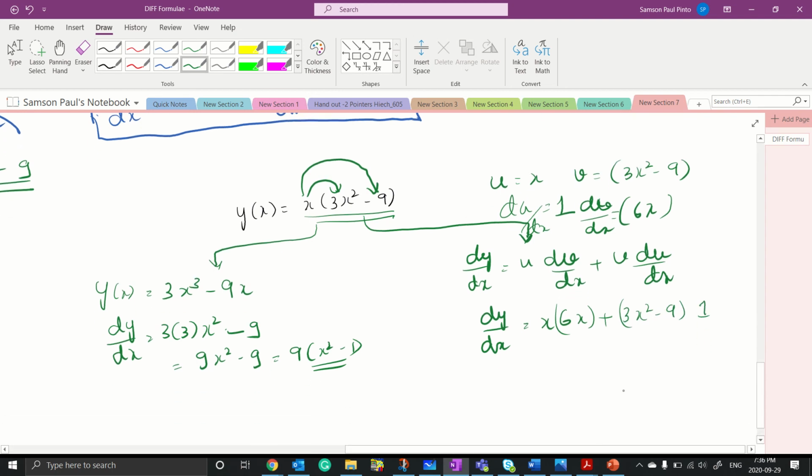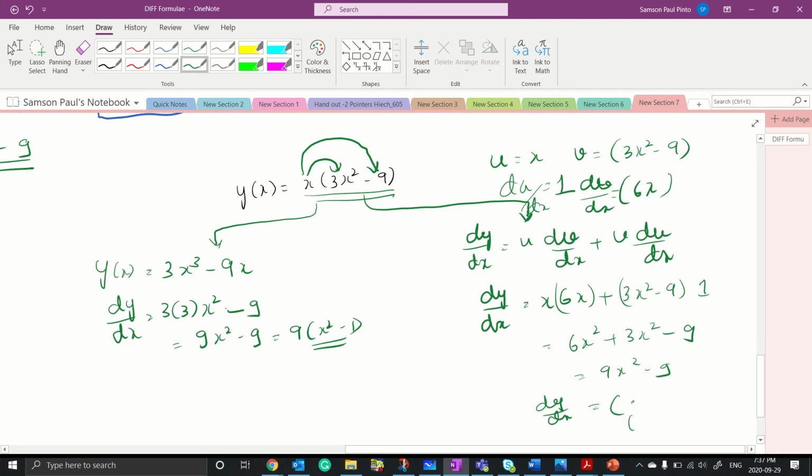Then I'm going to simplify this and write it as 6x square plus 3x square minus 9, and that is 9x square minus 9, so dy by dx is equal to 9 into x square minus 1.